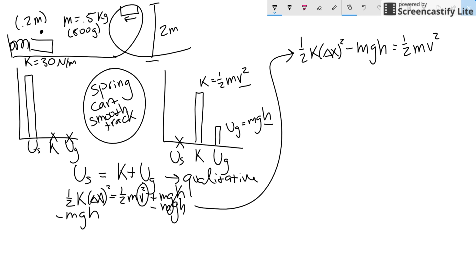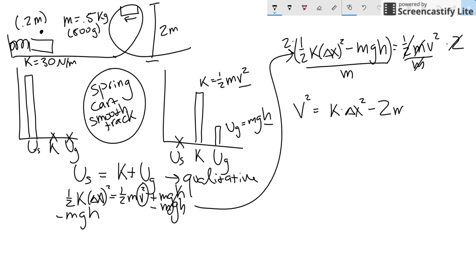Now let's multiply by 2 on both sides to get rid of that 1/2 and divide away m. So divide away mass and multiply by 2. Great. So now we'll rewrite. V squared is equal to K times delta X squared minus 2 mgh divided by mass.